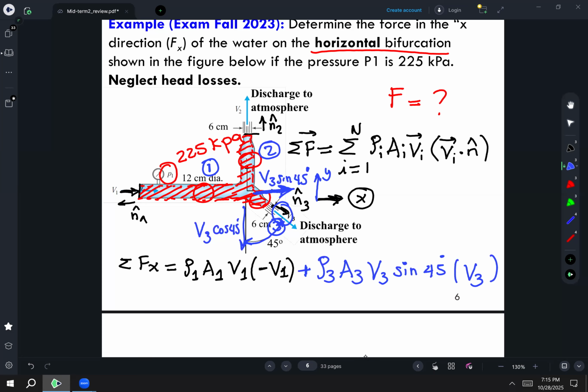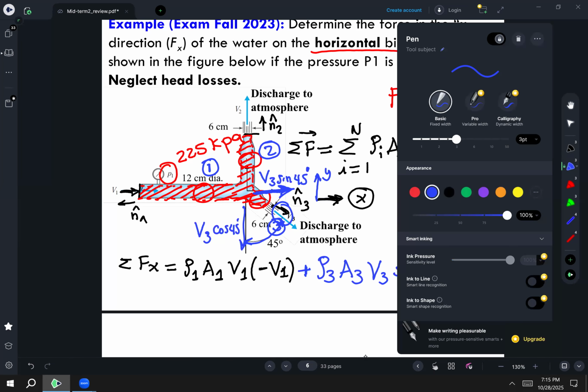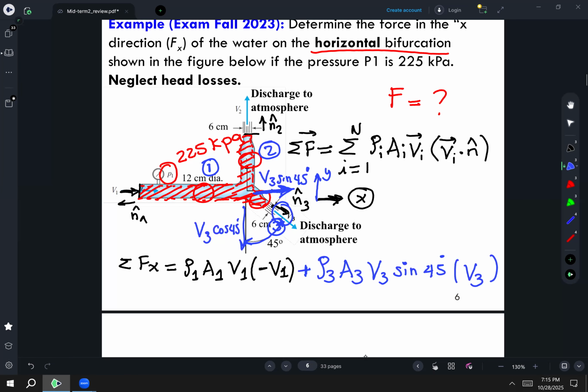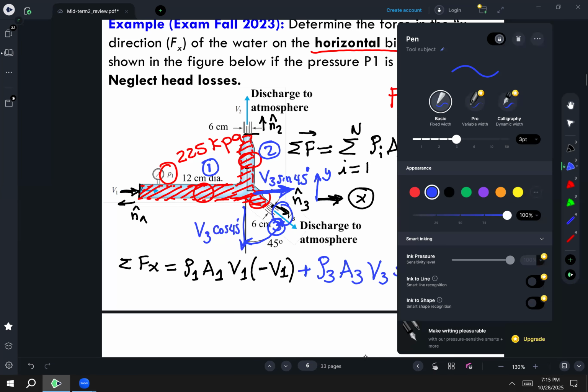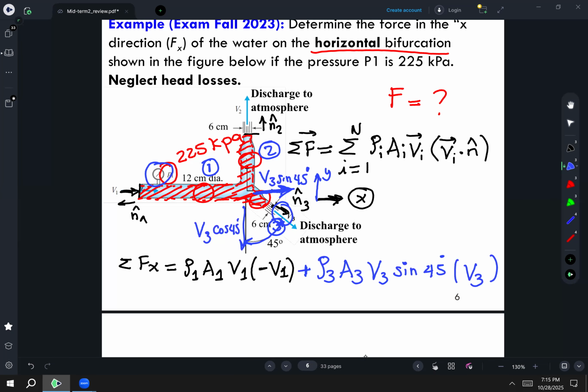And now we also have to find the external forces, right? The external forces we can determine in the following manner. So here we have a pressure P1, which is 225 kilopascals. So that's the pressure at that control surface.